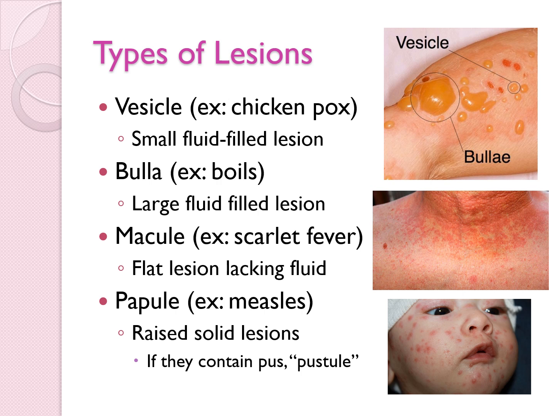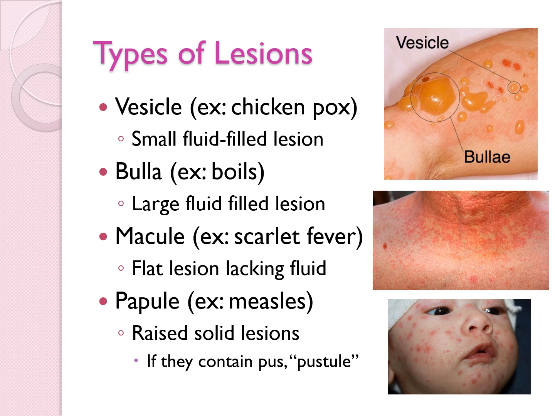It just depends on the size. Vesicles are small fluid filled lesions. A good example would be chickenpox, which we will talk about later in this lecture. And then a bulla is going to be particularly bigger. Usually we call these maybe boils. So we can see in that picture the difference in size of those lesions.